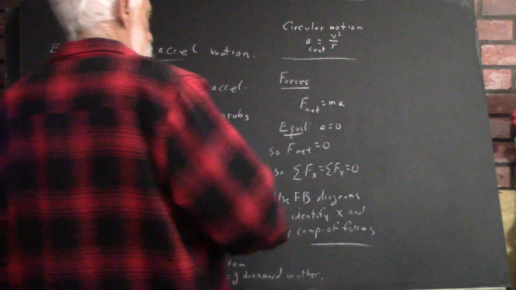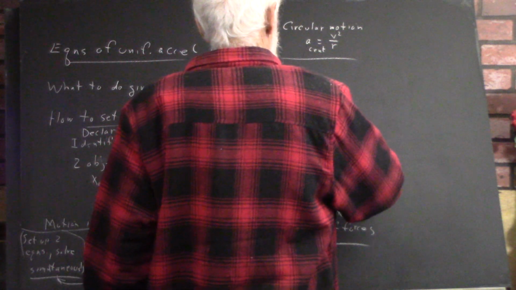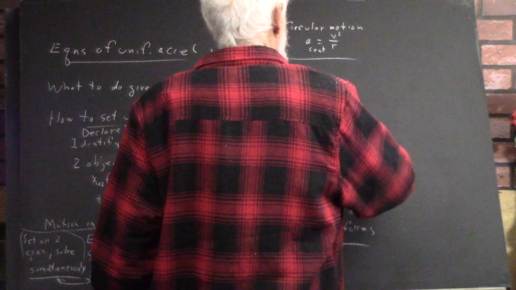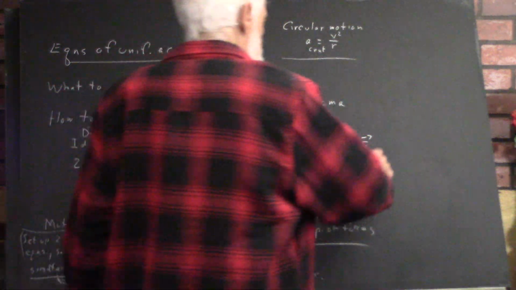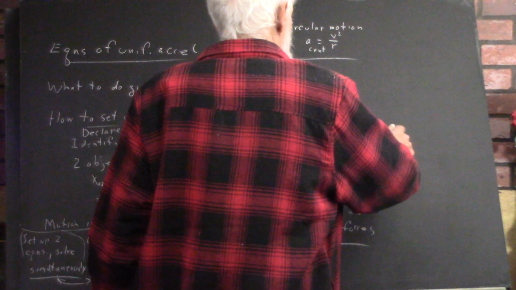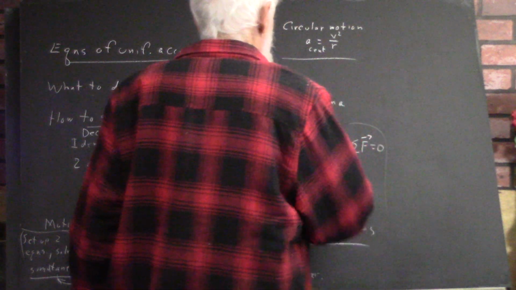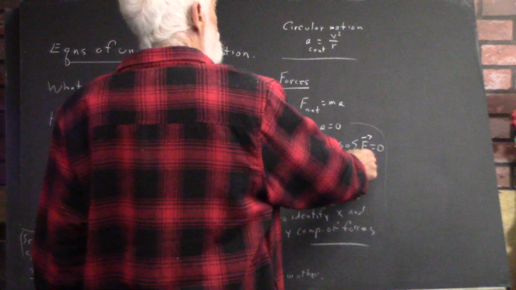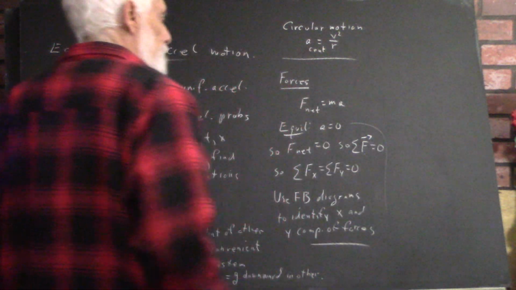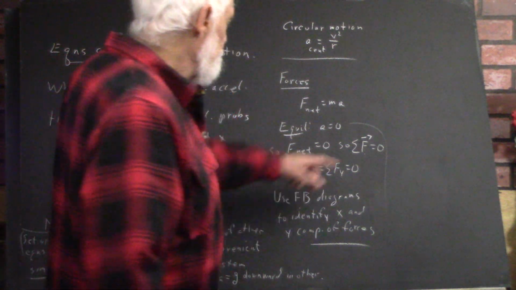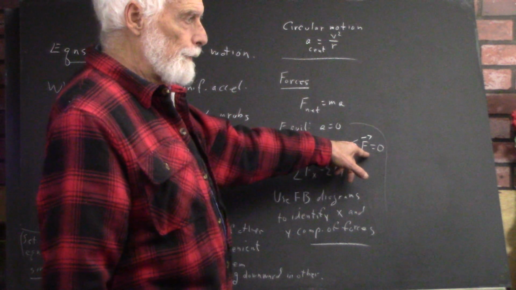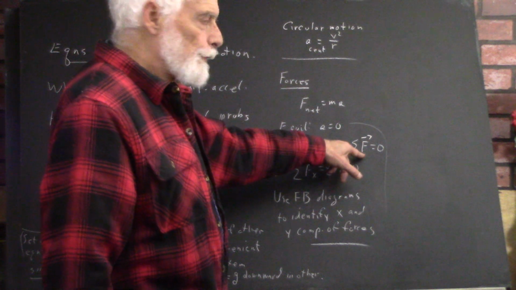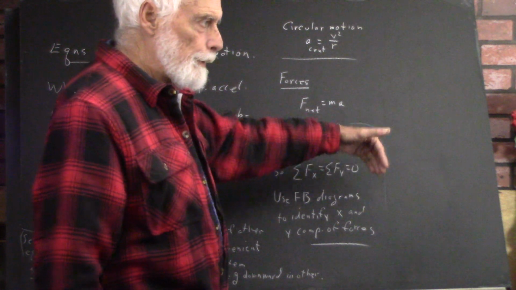I'm going to add one more thing. So the sum of all forces, F net is 0, so the sum of all forces is 0. And this is the sum of force vectors. And every force vector has an x and a y component.